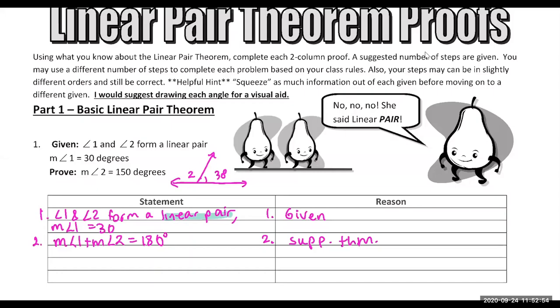Okay, here is where you guys should be able to take it from here. Given that angle 1 is 30 degrees, and I'm trying to prove that angle 2 is 150, how might you use this information to come up with the third step?